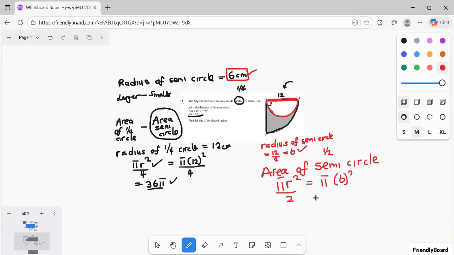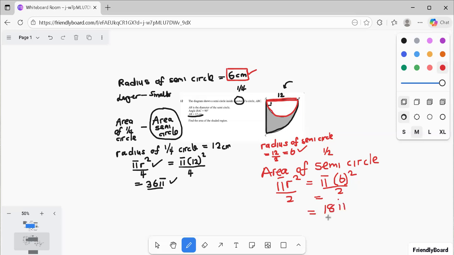I'm just going to leave my answer in terms of pi, all right? Oh, then I divide by 2. Okay, I had forgotten about the 2 there. All right, so what do I get? I get 18 pi.